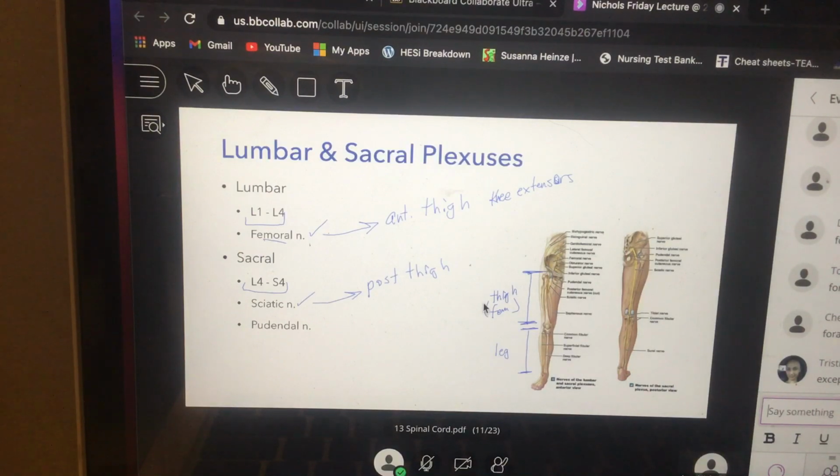The pudendal nerve innervates muscles involved in sexual activity and continence. So the pudendal nerve innervates structures in the groin region.